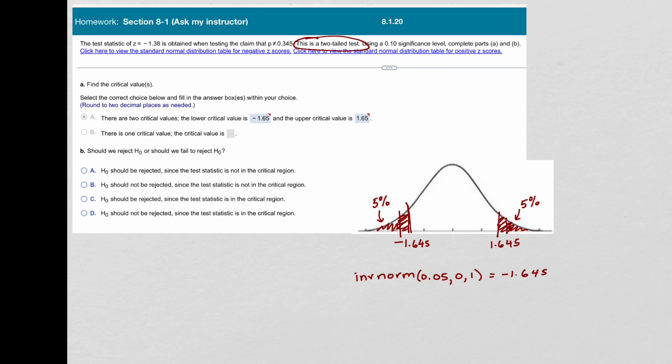So we've got our critical values, and now we are going to look at where is the test statistic. And that's at negative 1.38, which would be maybe about here. So that is not in the critical region, so we are going to fail to reject the null hypothesis, or do not reject the null hypothesis.